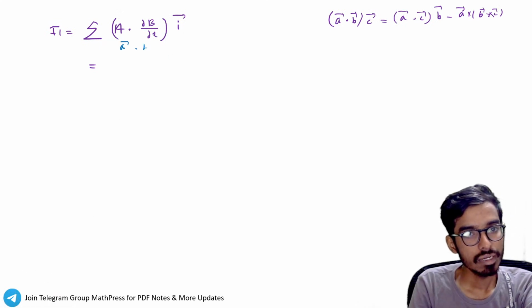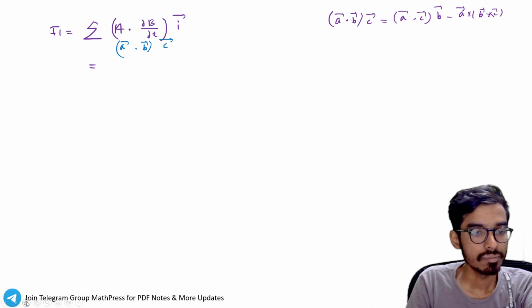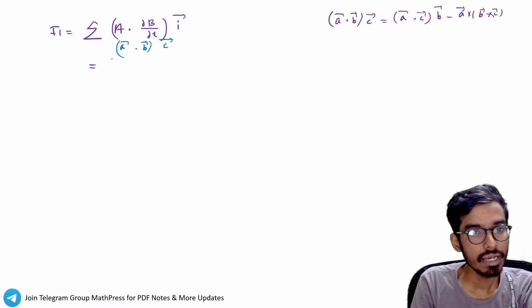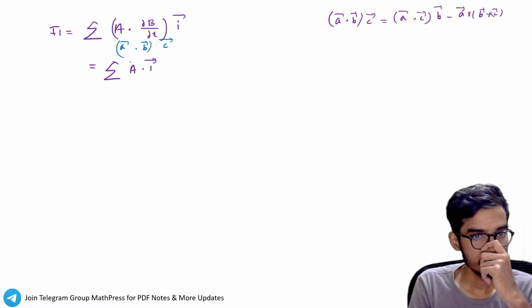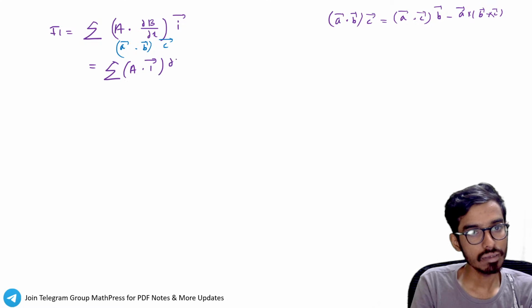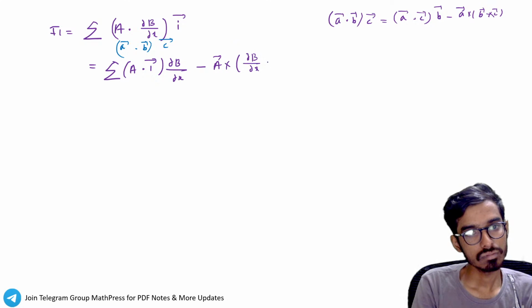So this will be A dot C into B minus A cross B cross C, right?